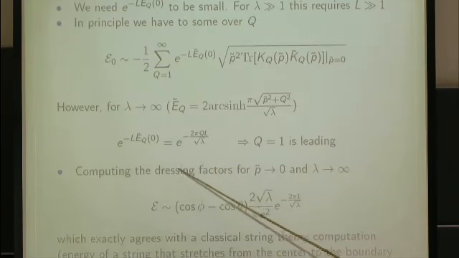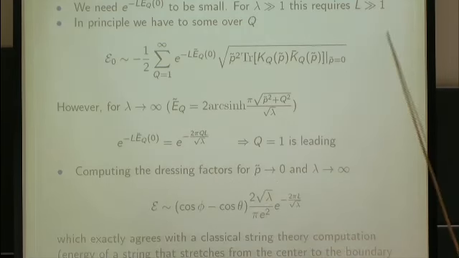So you can compute the leading finite size correction in the strong coupling limit for L very large, and you get this. And then you can reproduce this exact angular dependence, and exactly the coefficient, by doing a computation of what the string theory energy is when the momentum is not infinite but is very large. You get exactly this energy. So this is at least evidence that the dressing phase seems to be correct.